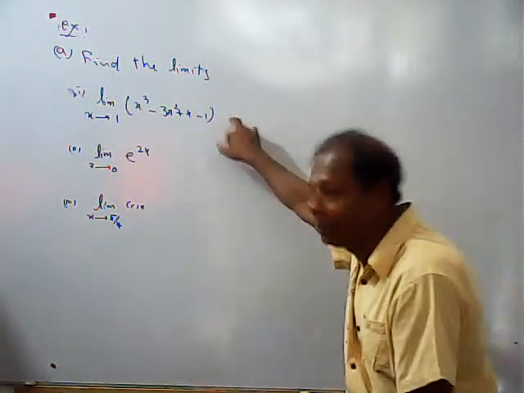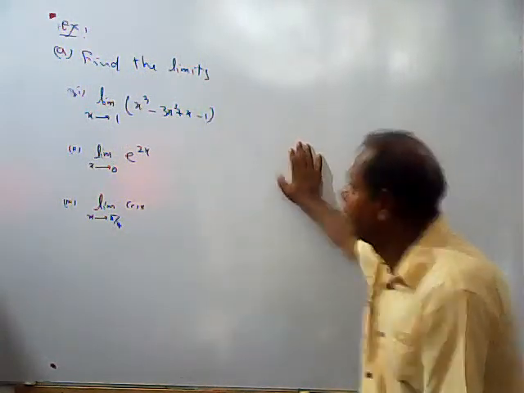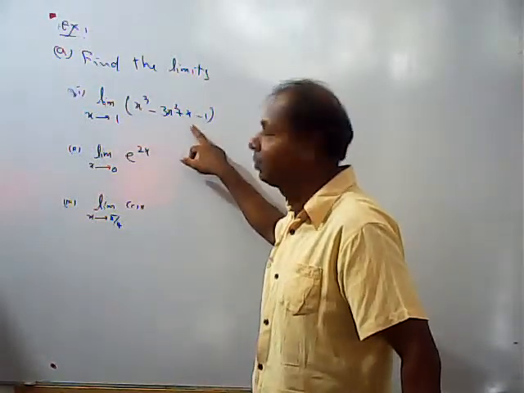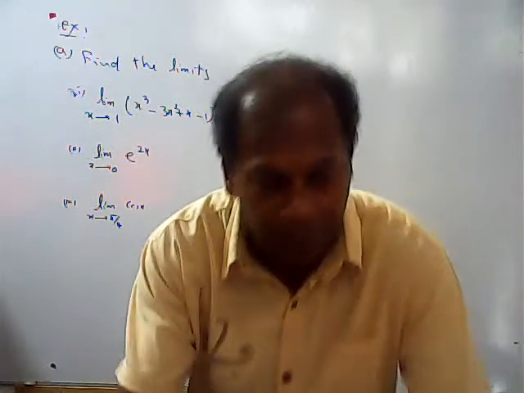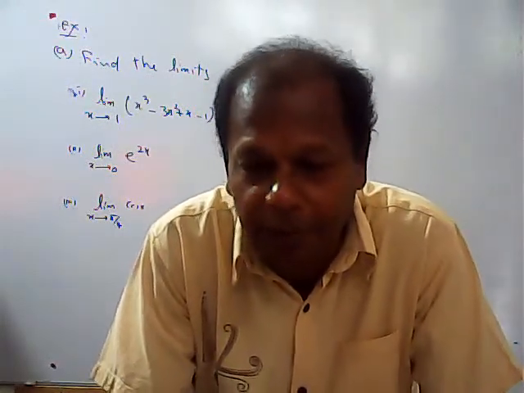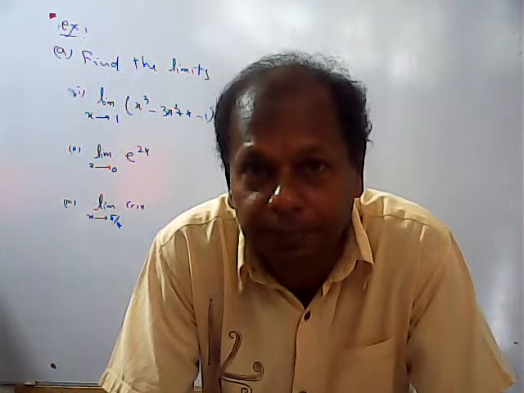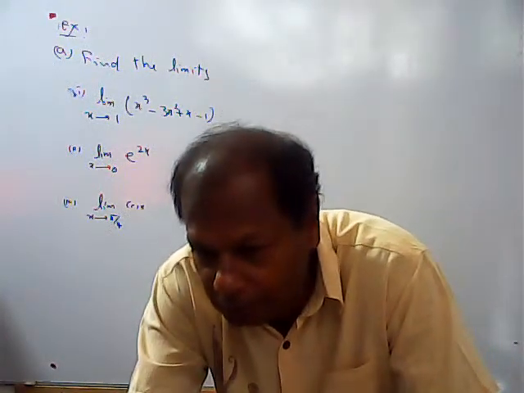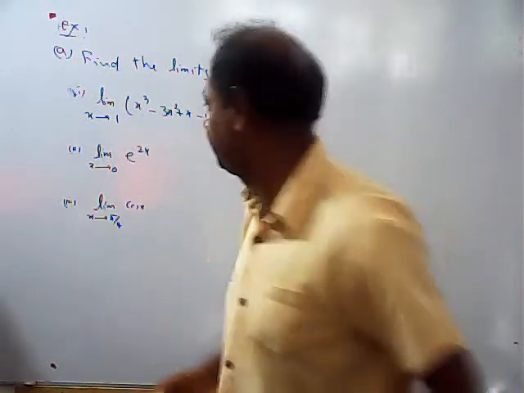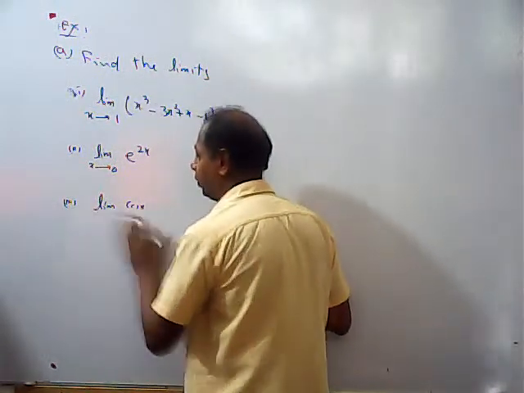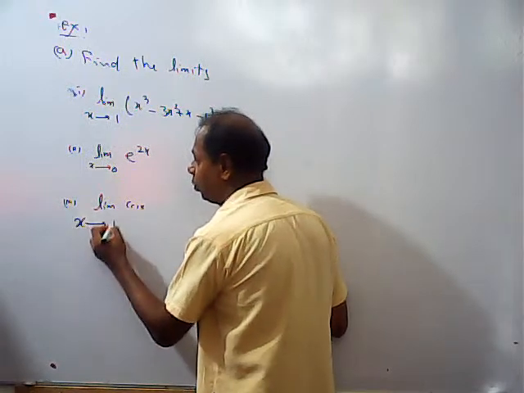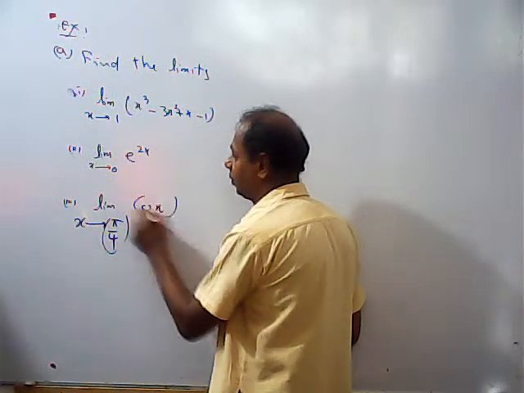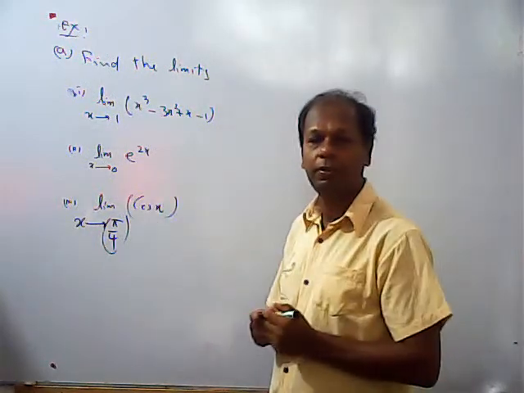What's the answer? Part 1. What is the limit as x goes to 1 of x cubed minus 3x squared plus x minus 1? Number 2, as x goes to 0, e to the power 2x. The third, as x goes to pi by 4, cos x.